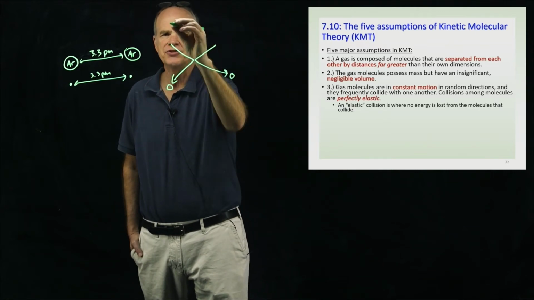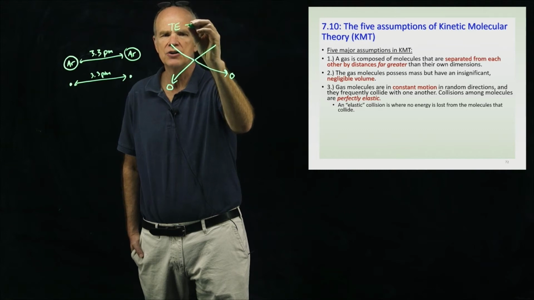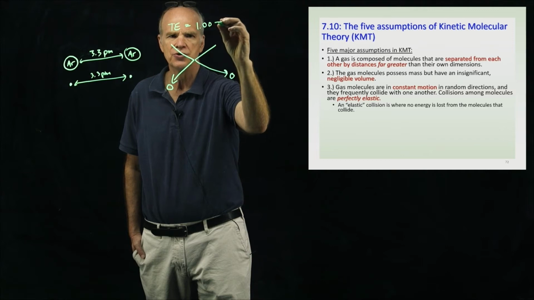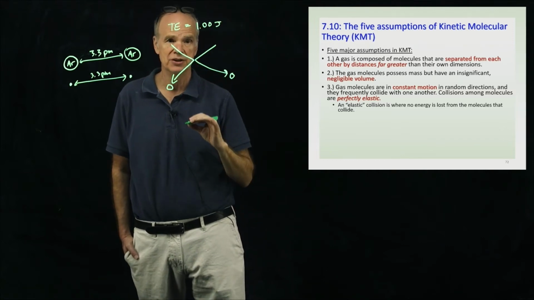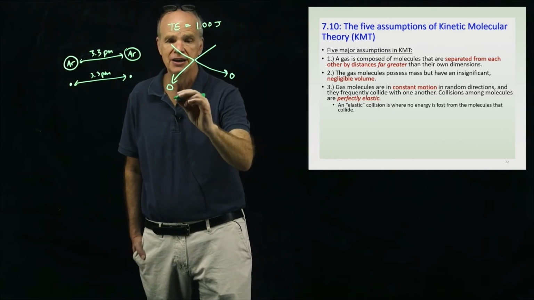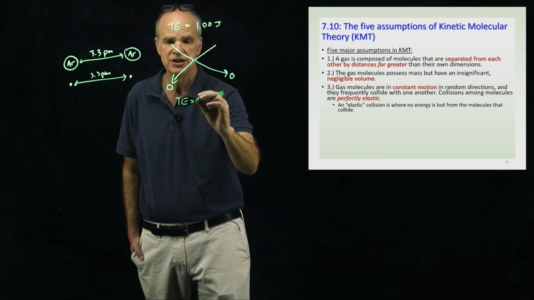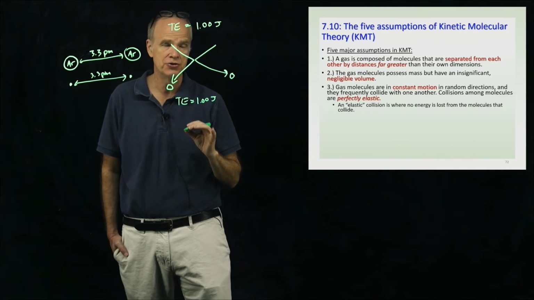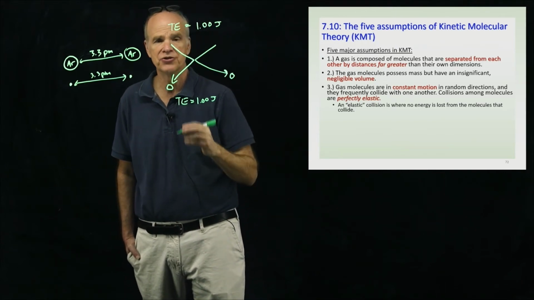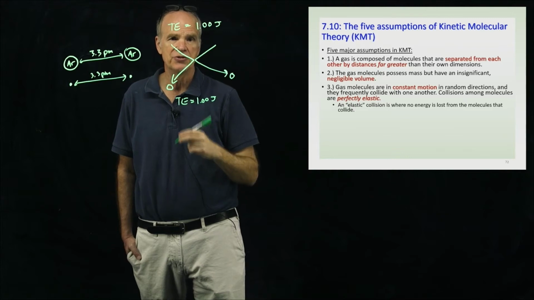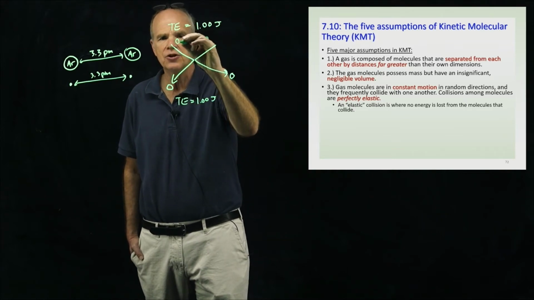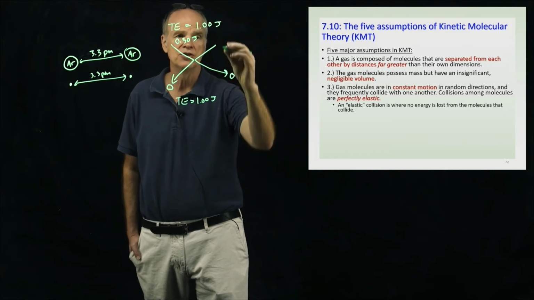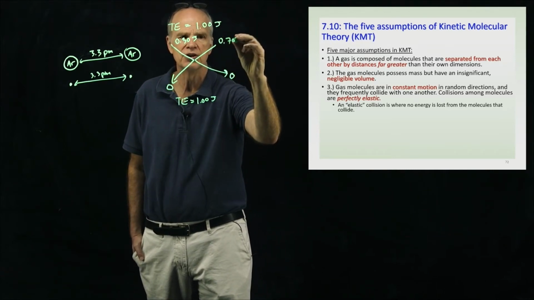So let's say that the total energy of the gas molecules before they strike is 1.00 joules. What kinetic molecular theory says is that after the strike, they should have the same total energy of 1.00 joules. Now this energy can be distributed a little bit differently between the molecules. So for example, maybe to start with, the molecule on the left had 0.30 joules, and the molecule on the right had 0.70 joules.